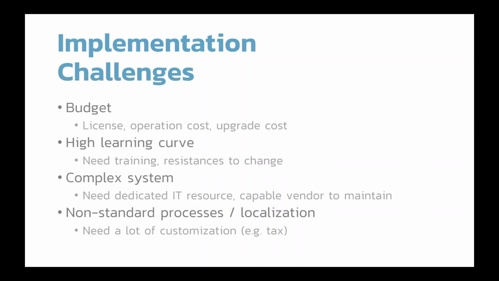So first is the budget. Usually ERP software costs a lot. For example, the standard one is called SAP. If you want to install this in your business, they charge you at least 1 million baht for installation. They fly the expert from, I don't know, their headquarters, and they customize the software for you, and they charge upfront like 1 million baht, for example.